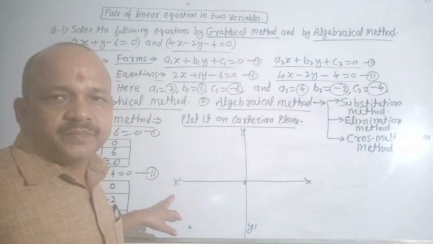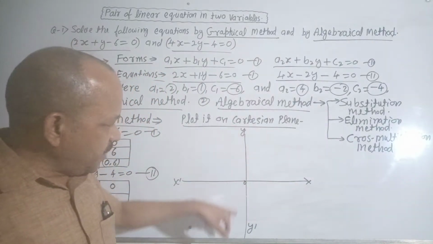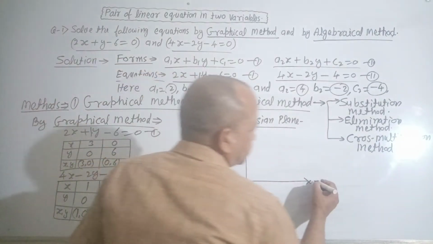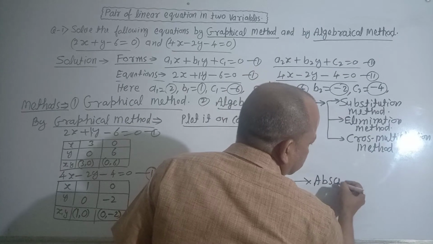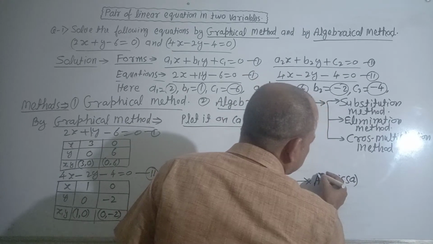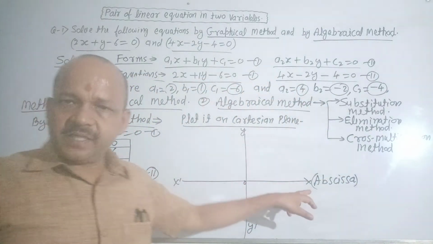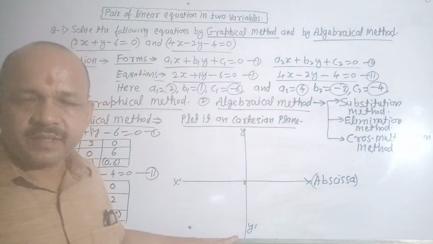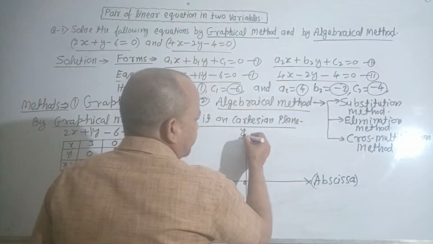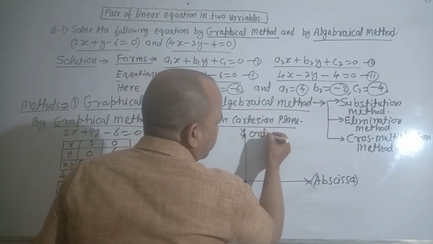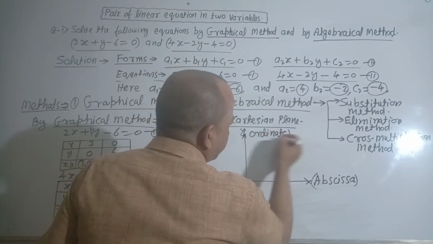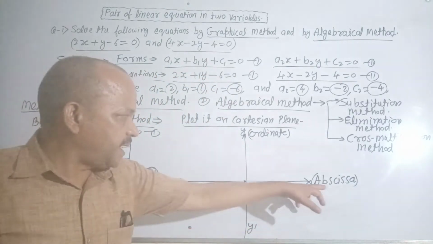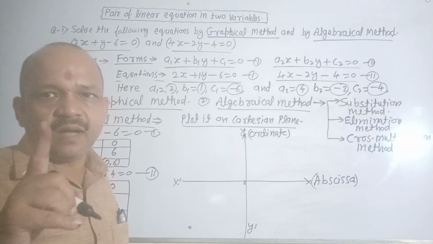X dash is said to be the abscissa, and y dash is the ordinate. Y dash is the ordinate, x dash is the abscissa.